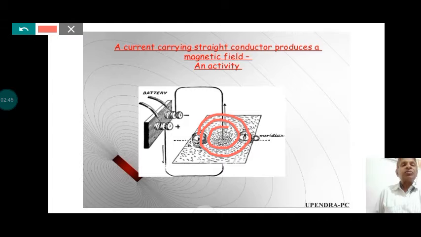The conductor lies at the center of the concentric circle.